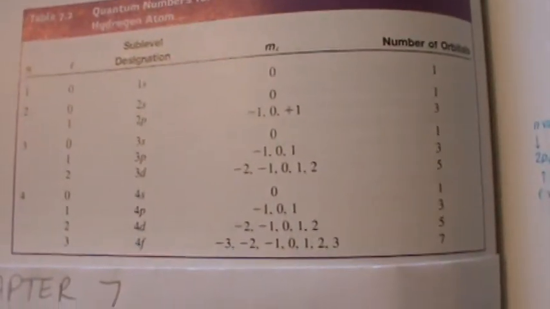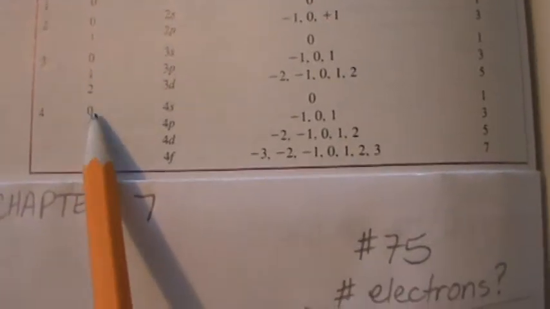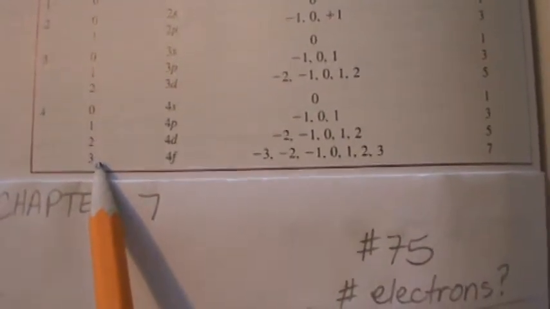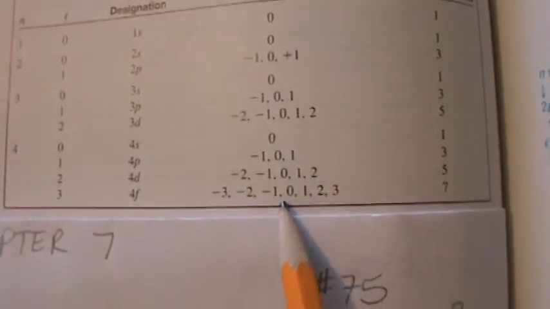All right. Next we have n is equal to 5 and n is equal to 4. Let's go ahead and answer n is equal to 4 first. Again, if we look up at our chart, when n is 4, we have L values of 0, 1, 2, and 3, 4s, 4p, 4d, and 4f, and then the m sub L values that coordinate with those.